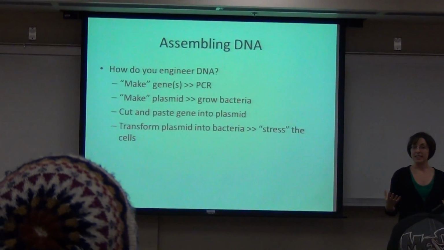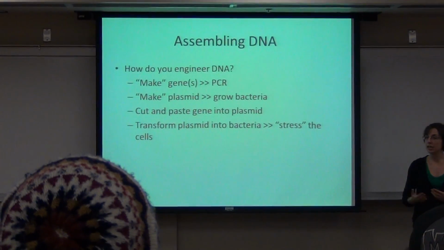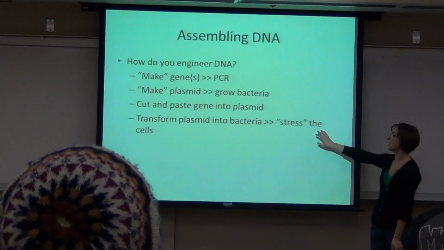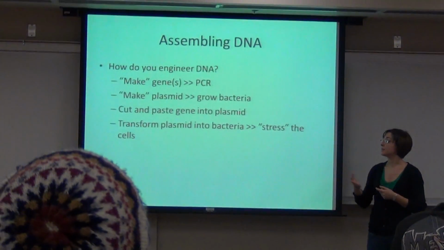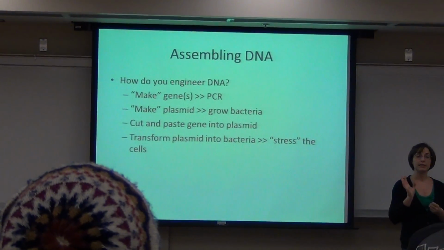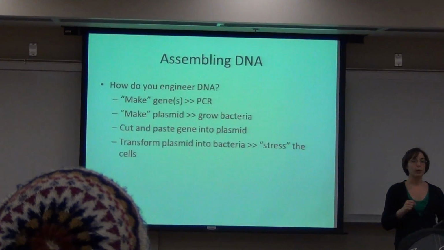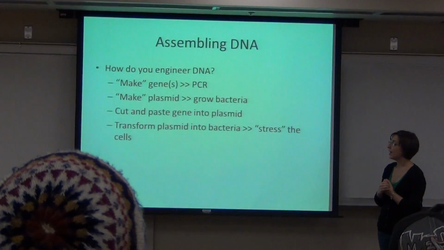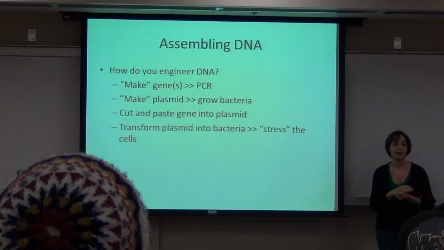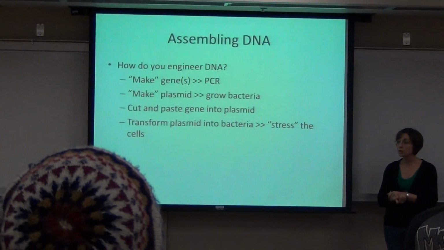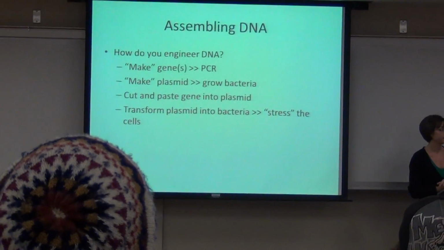Hopefully that DNA that they grab has some kind of gene that will help them survive. So this is a very simple technique we use to help give the plasmid to bacteria. We heat them up a little bit, they freak out, they start grabbing what kind of DNA they can get, and in that way we kind of get that plasmid DNA into the bacteria, and then they can start using the new genes that we gave them.